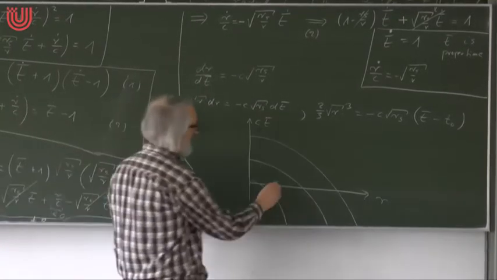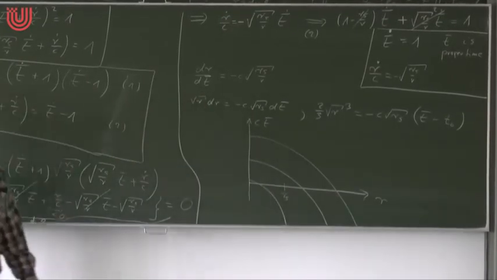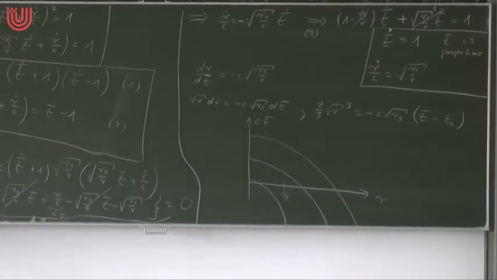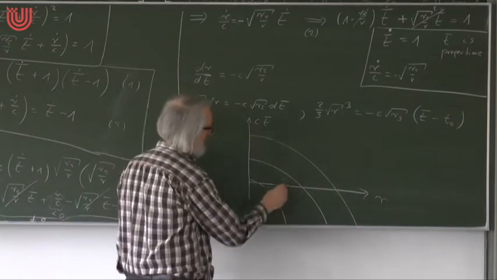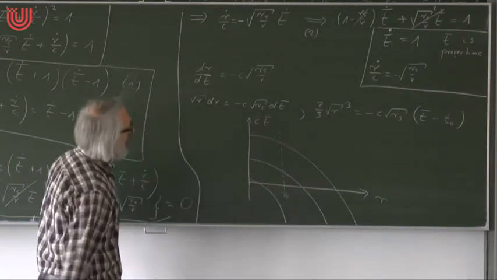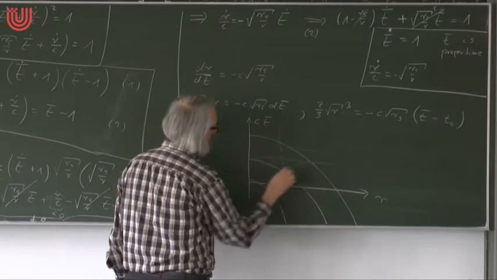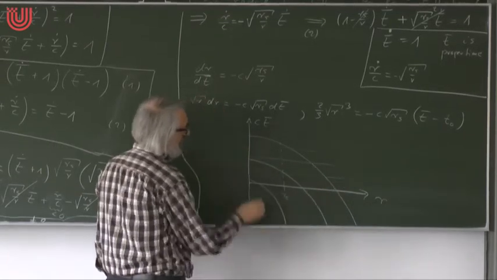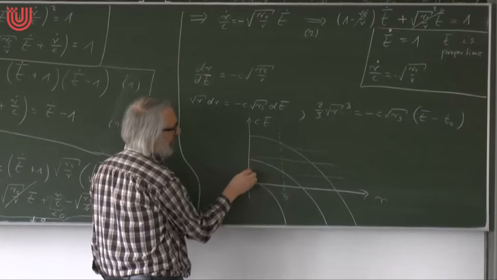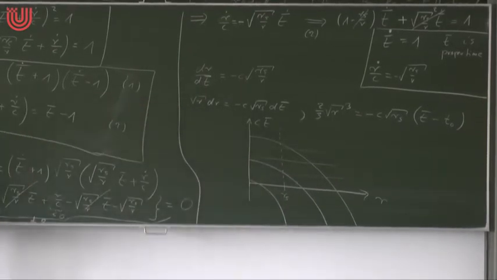And somewhere here is our Schwarzschild radius, but nothing happens in these coordinates at the Schwarzschild radius. So these infalling particles don't see anything particular if they cross the horizon here. And this coordinate, t bar, gives us proper time. So just by projecting onto this axis, we can read how proper time elapses along these curves.